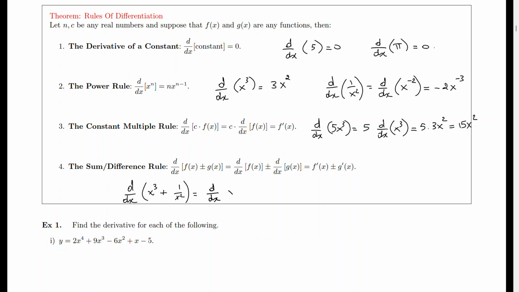So the derivative with respect to x of x cubed, and the derivative of 1 over x squared with respect to x. We already know the two answers are 3x squared minus 2x to the negative 3. So I'm allowed to do this whenever I have a plus or minus in the middle. If it was a minus instead, the answer will be basically the same, except the sign here would have to be changed because of the product of the two things.